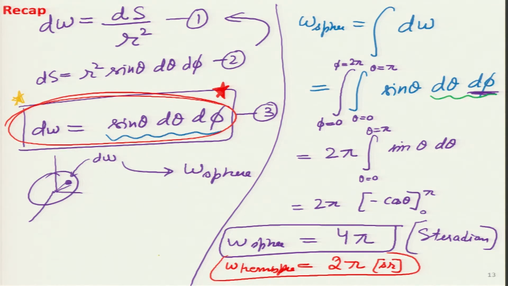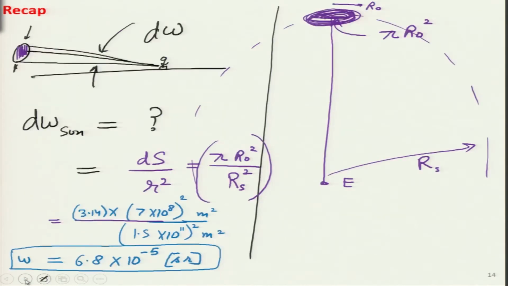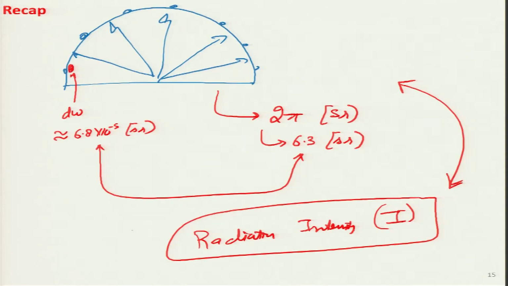Any small solid angle can be represented either as ds by r square, which is the small area divided by the square of the distance to it, or in terms of azimuth and zenith angles as sin theta d theta d phi. These angles theta and phi will become very important today, because we are going to introduce a new concept of radiation intensity. One example I had given yesterday.